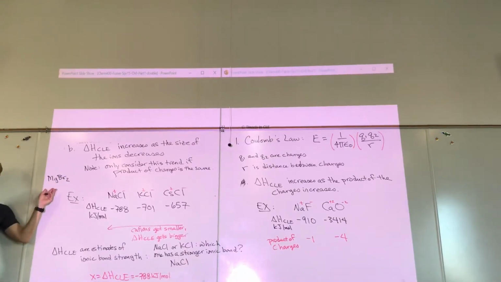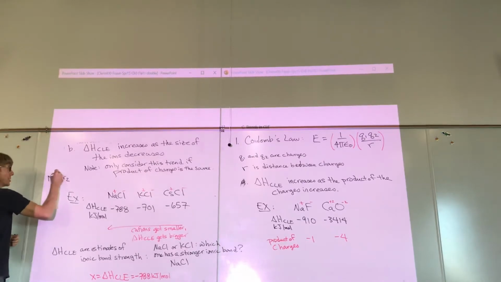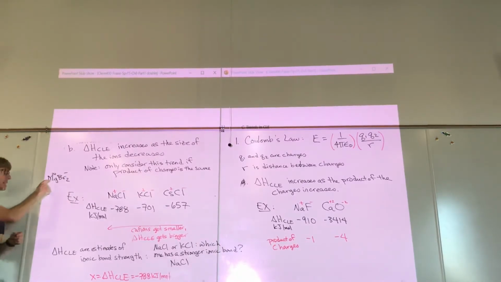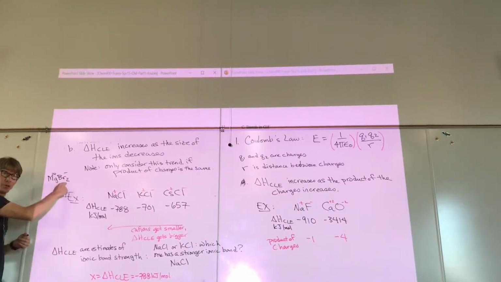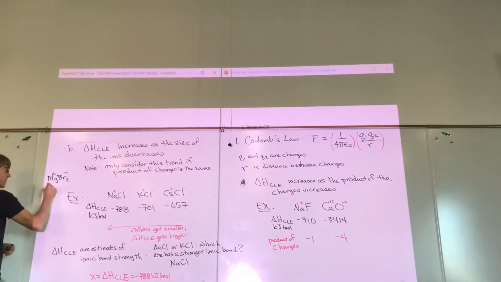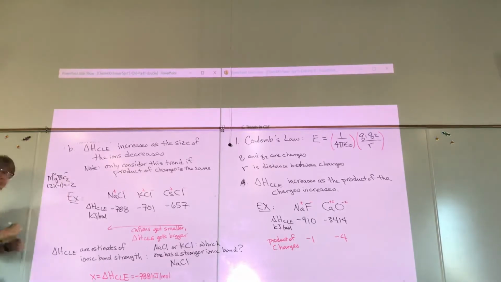That's 2 bonds, but we will only consider the product of charges to be minus 2 for this, right? I mean, that's the only product of charges I see there, but it's between 1 magnesium and 1 bromide ion. So 2 times minus 1 equals minus 2.